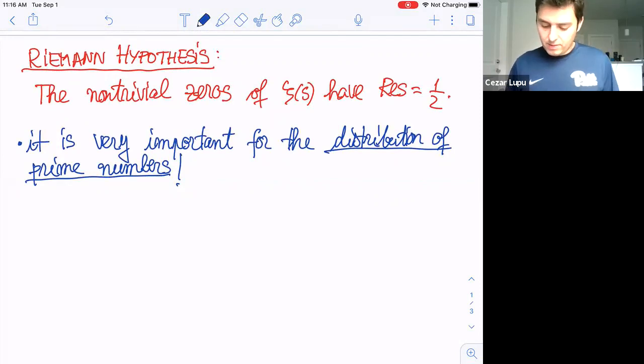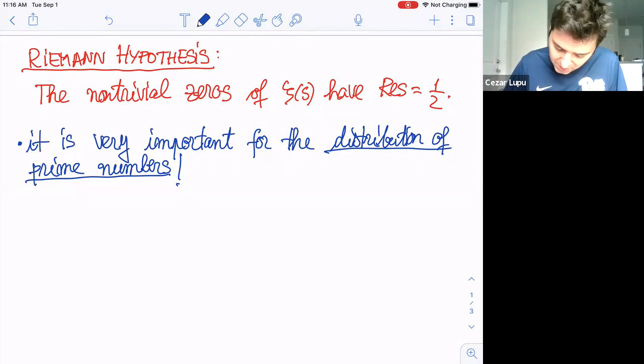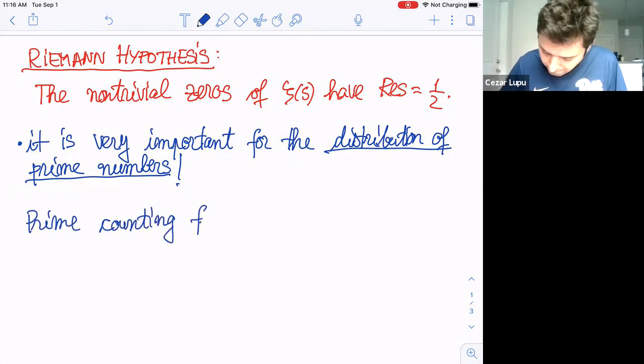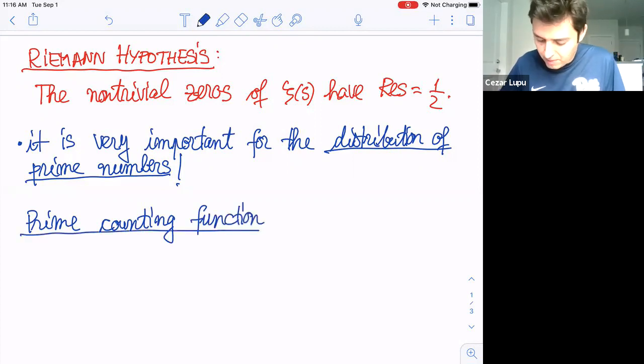But before I even explain this, let me just talk a bit about the distribution of prime numbers. Now I'm going to define the following function, the prime counting function. And I'll explain immediately how the Riemann hypothesis is connected to this function.